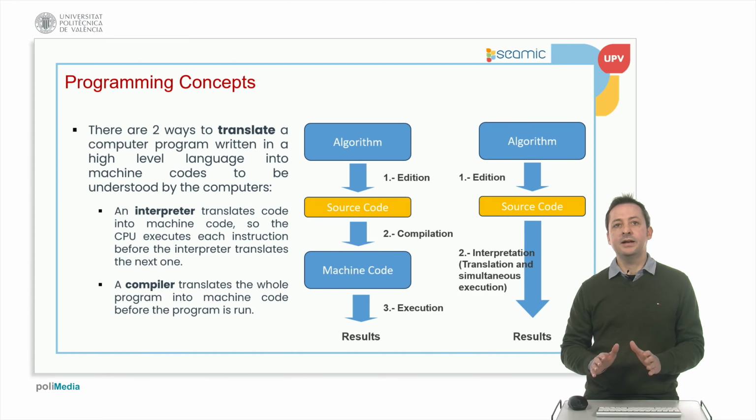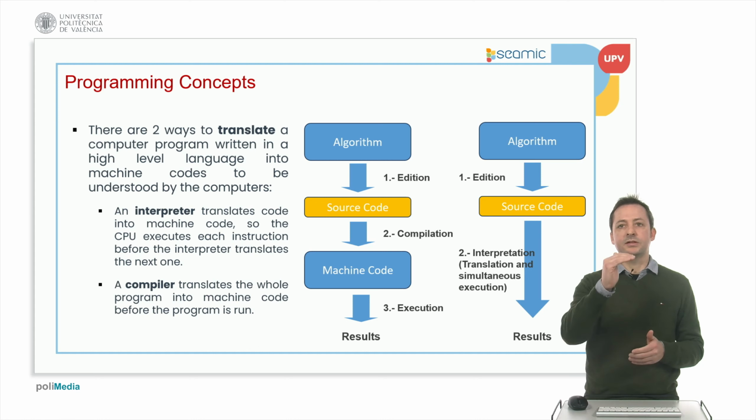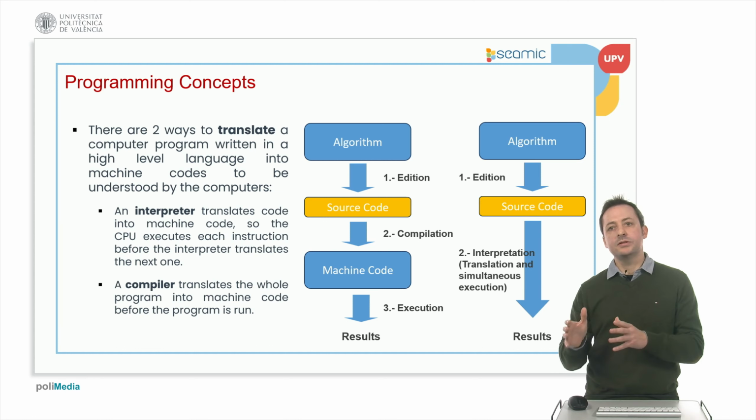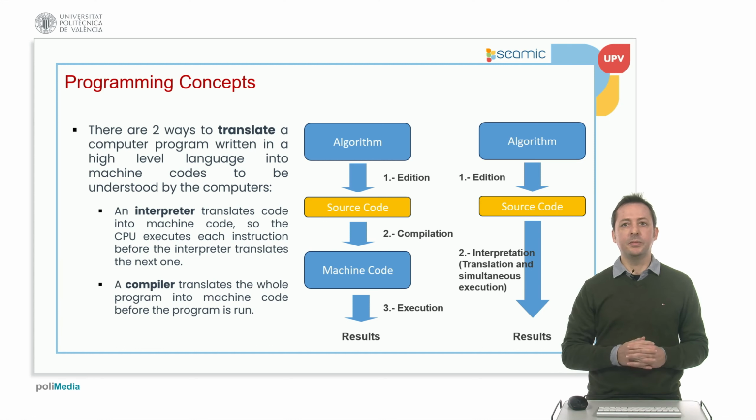And there are basically two types of high-level programming languages that can be used for specifying the instructions to the computer. One type is interpreted languages, which basically translate the instructions that we provide into instructions that the CPU understands and can execute.